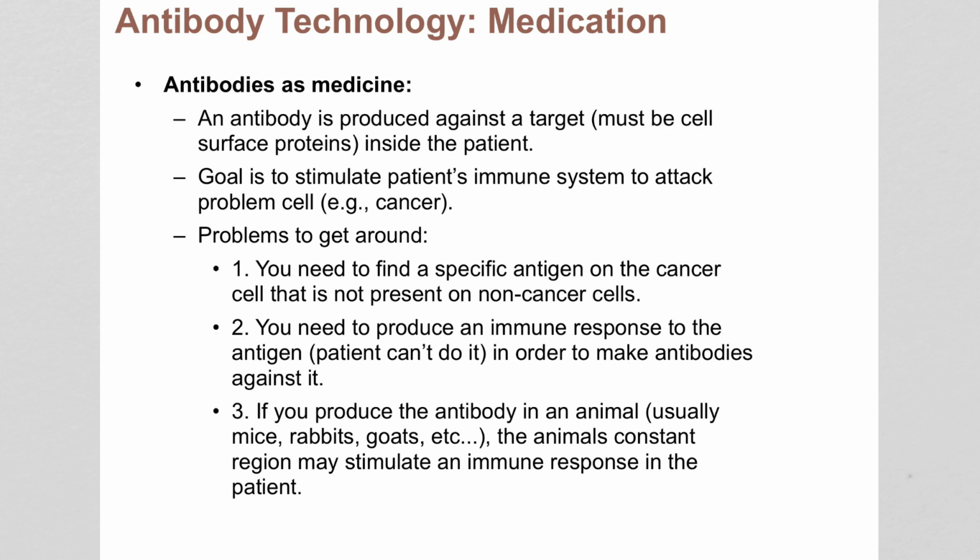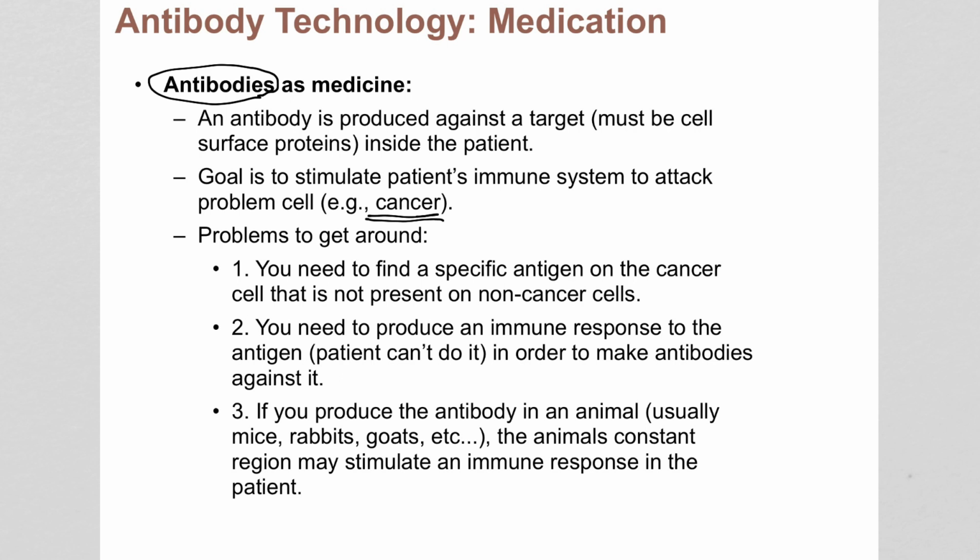how this works. So the first thing to say is the goal of all of this is we want this antibody that we're going to inject as a medication to target something that the patient's immune system should be destroying but isn't recognizing for some reason. So the majority of cases that you see, this is used against cancer or neurodegenerative disease structures like plaques in Alzheimer's disease.